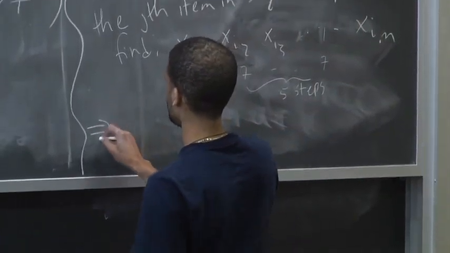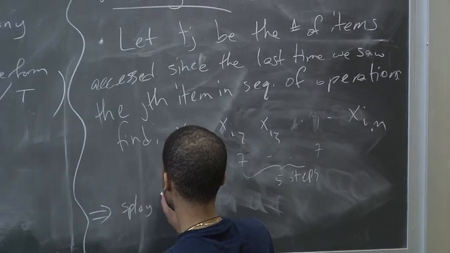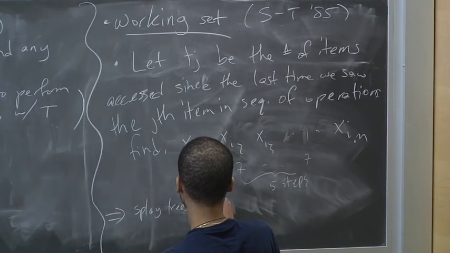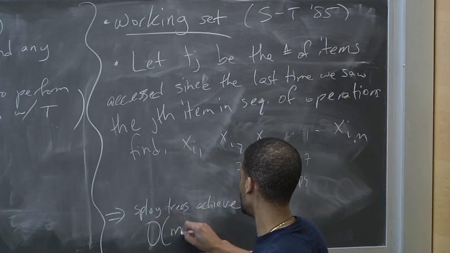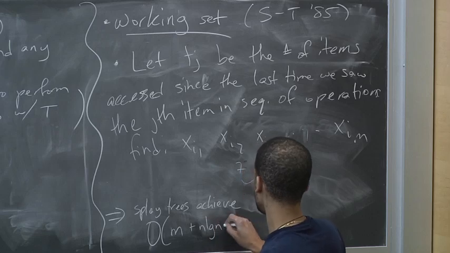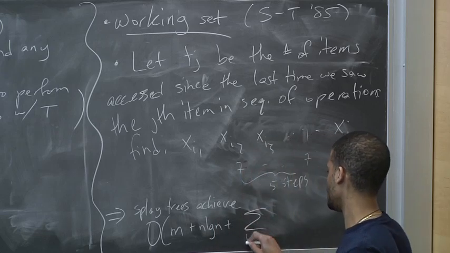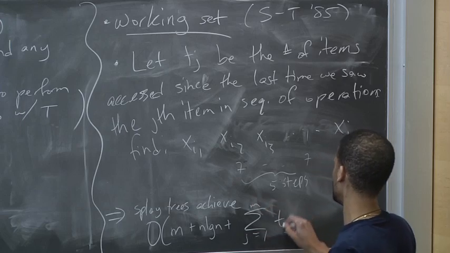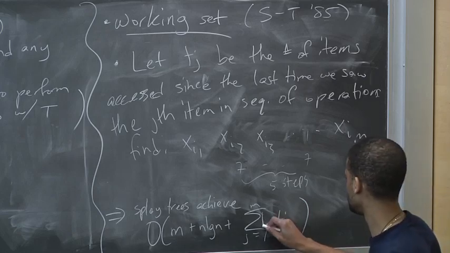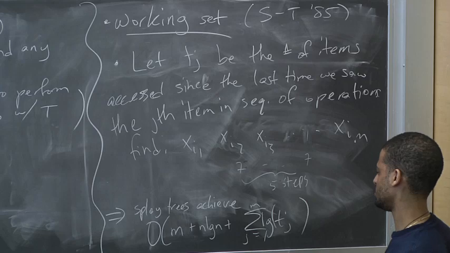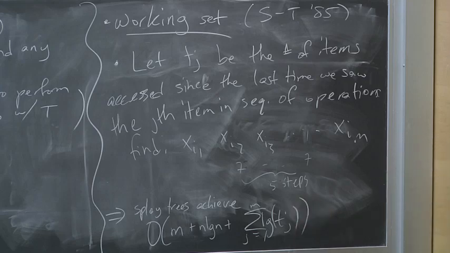So that implies that splay trees achieve O of m plus n log n plus the sum, j from 1 to m, of log of tj time. Okay.